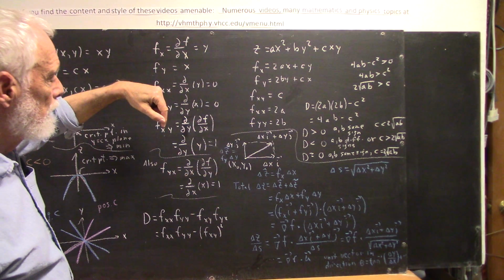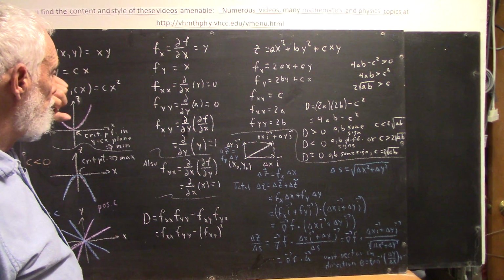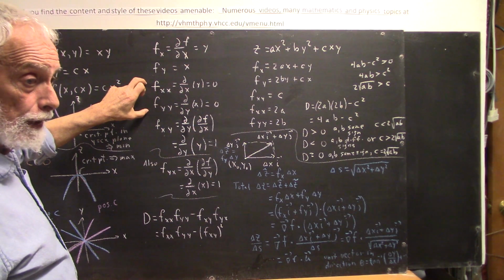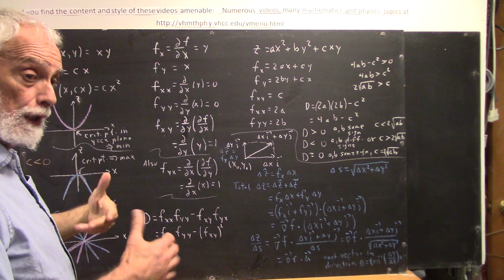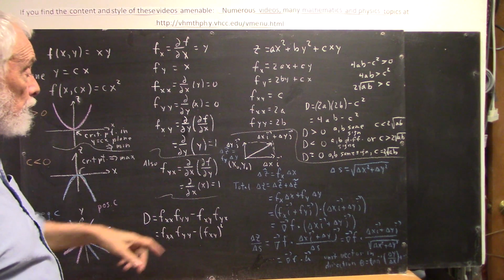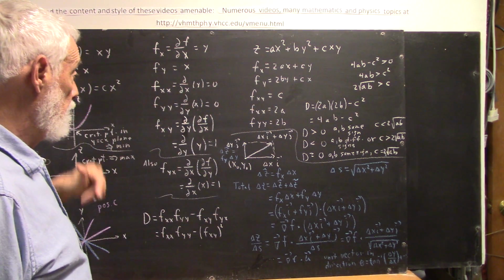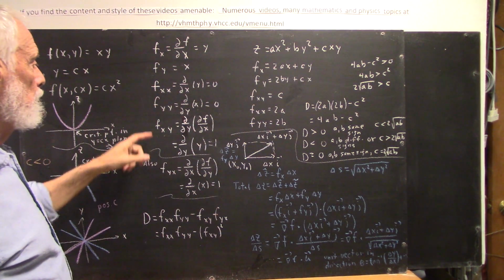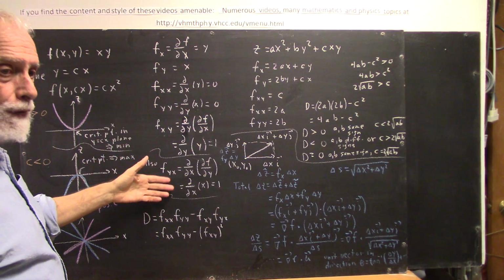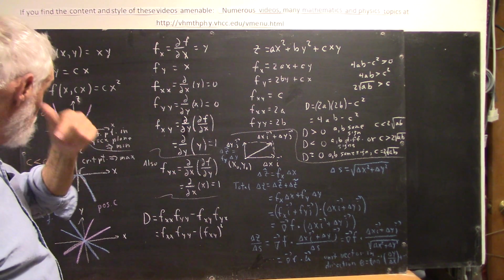we use a test that involves not just the second x and the second y derivatives, which gives you concavity in the x and the y direction. We find that we have 0 concavity in the x and the y direction. We also look at the xy and the yx derivatives, which are of course equal.